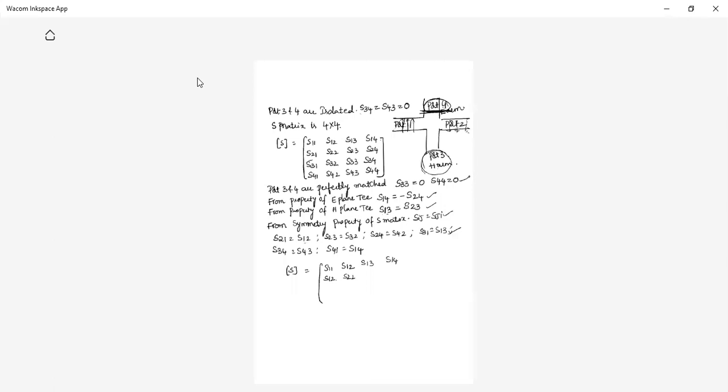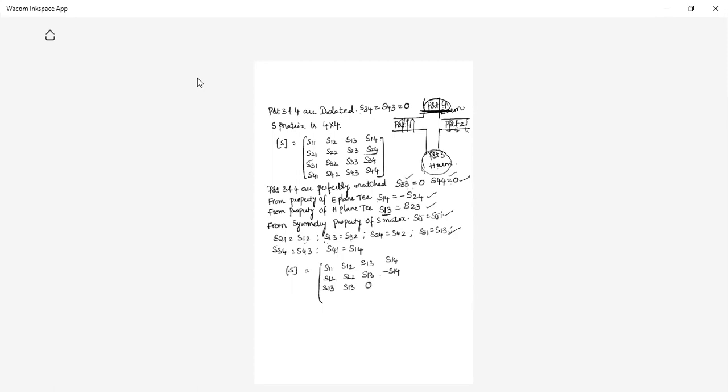S23 can be written as S13. S24 can be written as minus S14. Similarly, S31 can be written as S13. S32 is equal to S23, which is equal to S13. And since these two are perfectly matched, S33, S44 is equal to 0.